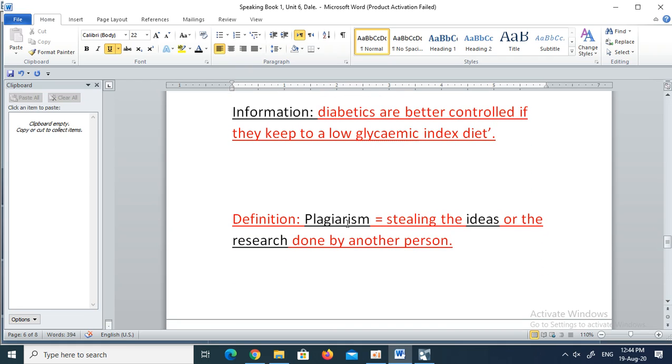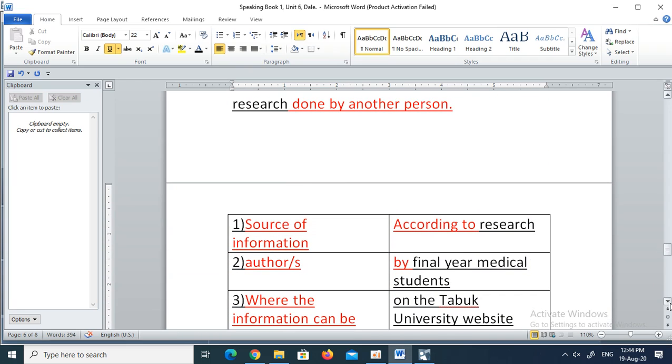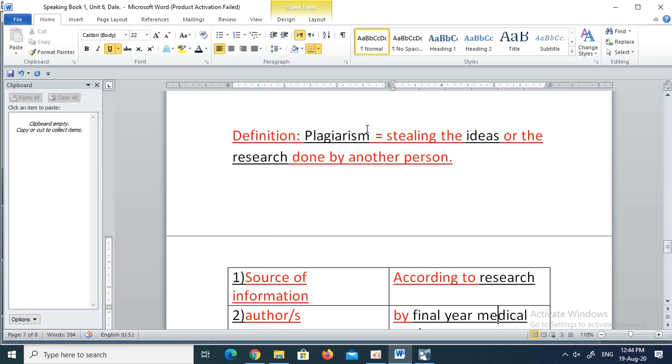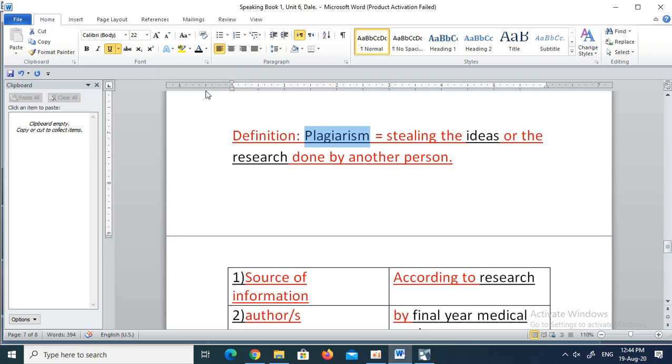If I don't tell you I got this research from Mr. Al-Khamri or I got this research from the Tabuk medical students, then I am guilty of plagiarism. I am guilty of stealing their ideas.